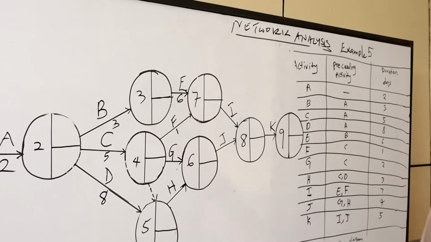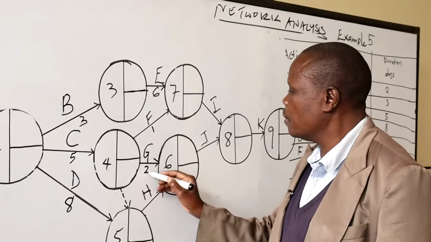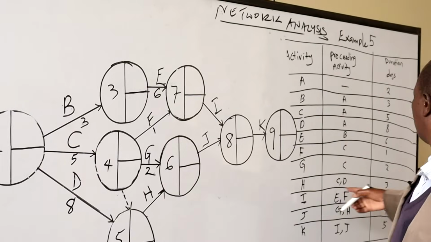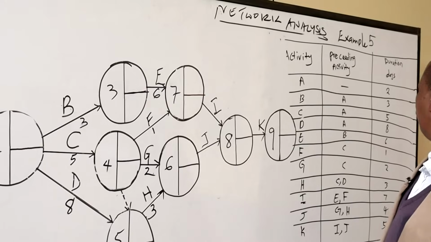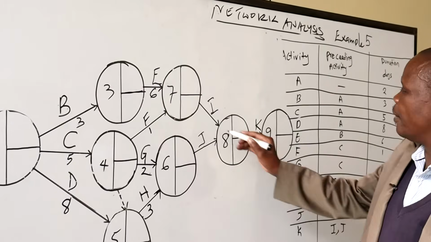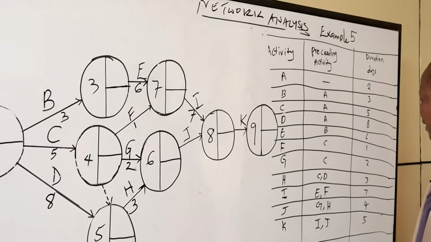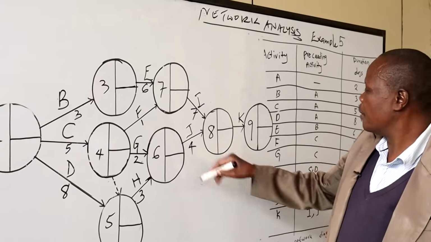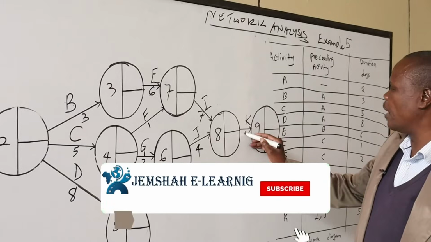Activity F takes 1 day. Activity G takes 2 days. Activity H takes 3 days. Activity I takes 7 days. Activity J takes 4 days. And lastly, activity K, which takes 5 days.